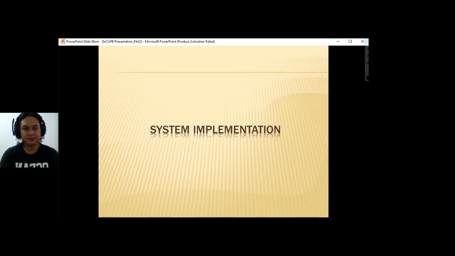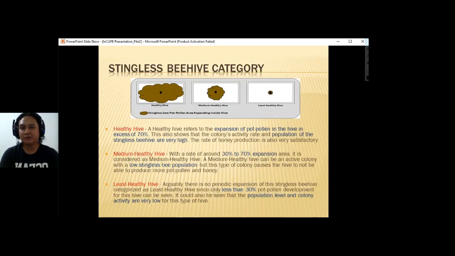Okay, next is system implementation. Our experiment was set up with three different types of hive category. First is a healthy hive, referring to the expansion of pot pollen in the hive in excess of 70%, and we can also say that the population of the stingless beehive is very high. Number two is a medium healthy hive, at a rate of around 30% to 70% expansion.